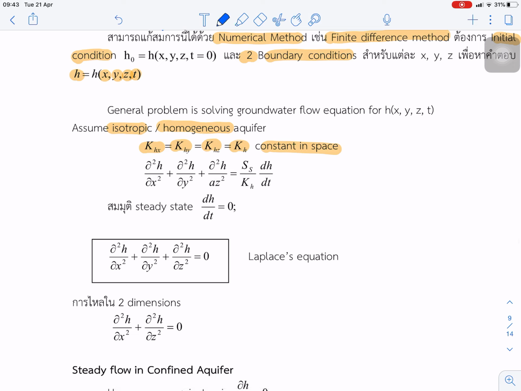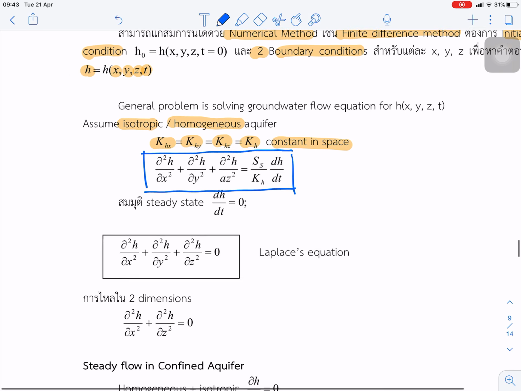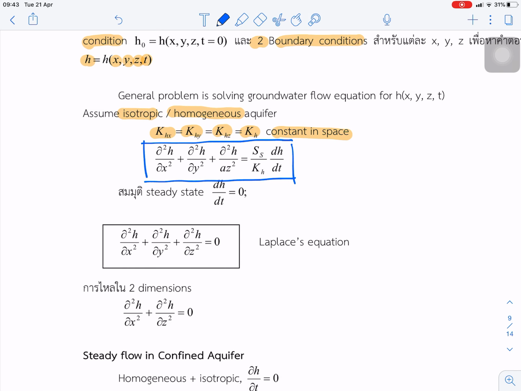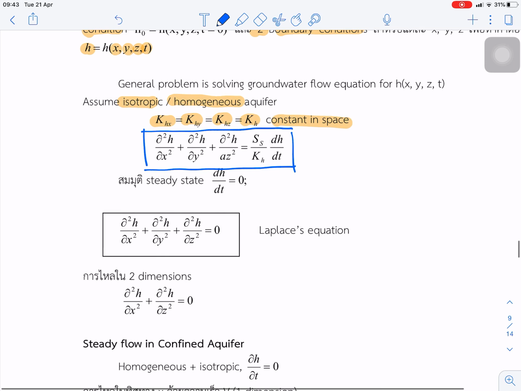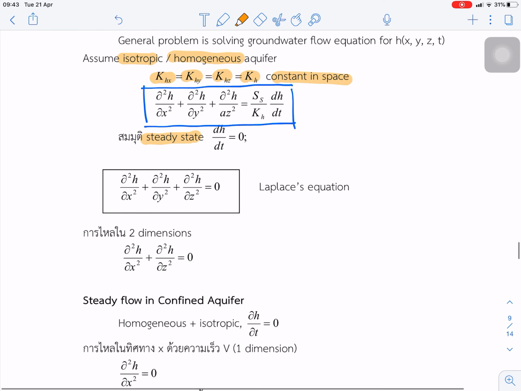It has the second derivatives of the hydraulic head with respect to x squared, y squared, z squared, and on the right hand side is the unsteady term. If we assume steady state, the right hand side is 0, and we get the Laplace equation.